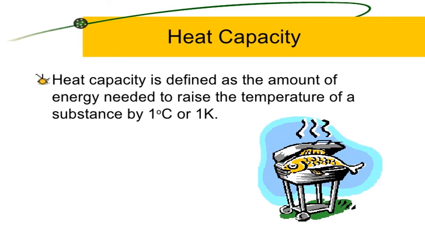That means today we are going to discuss a small topic known as heat capacity of a substance. So once again, I welcome you all for today's session on heat capacity.